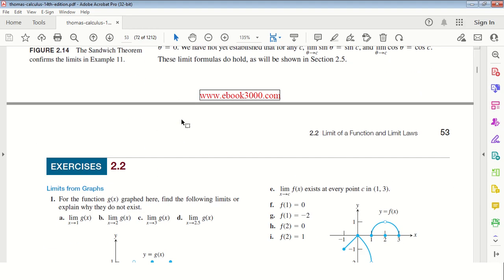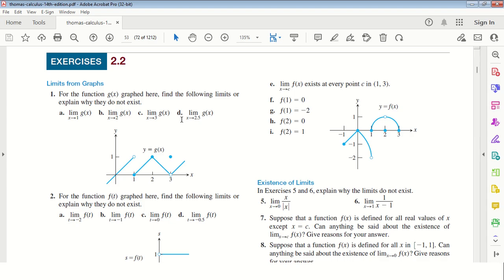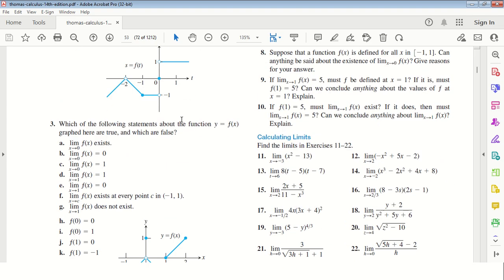Basically, this rule was established using the Sandwich theorem.